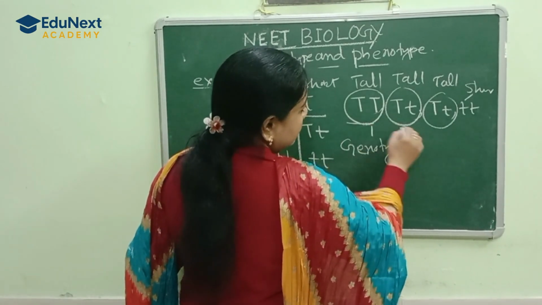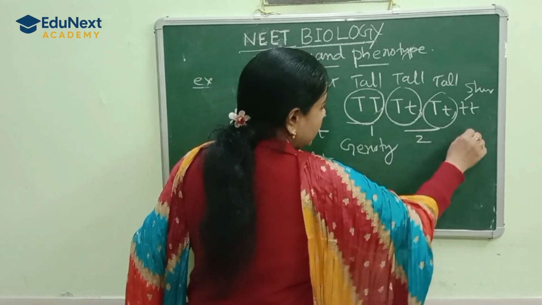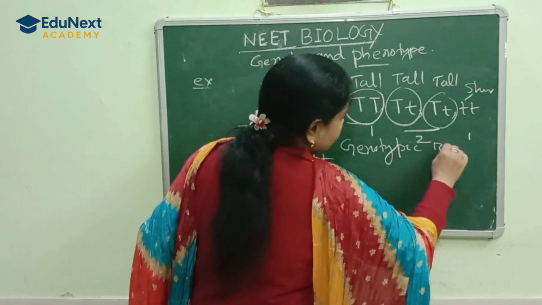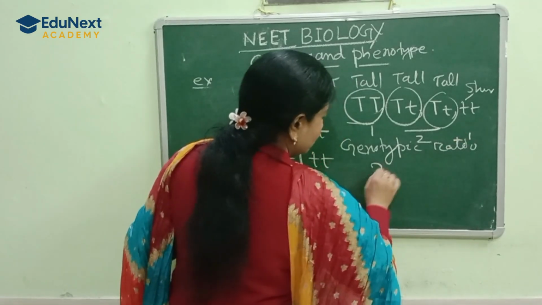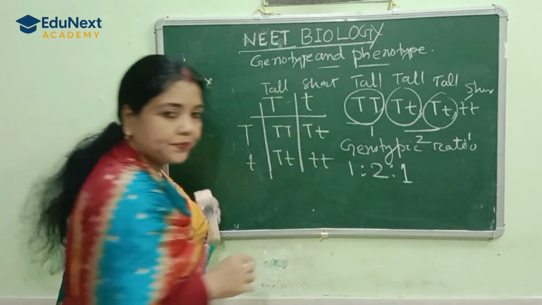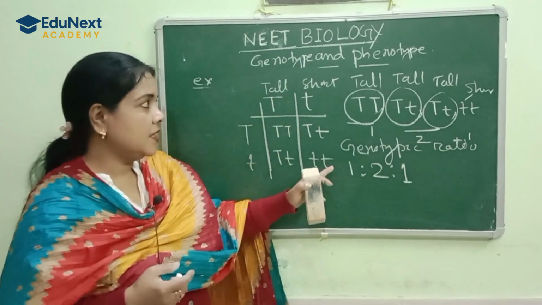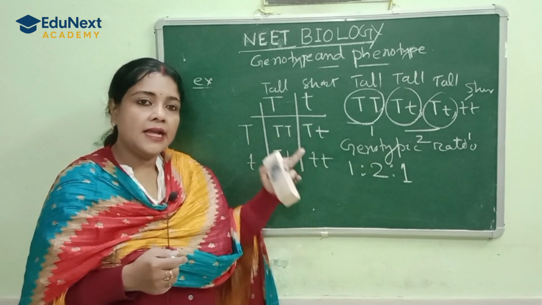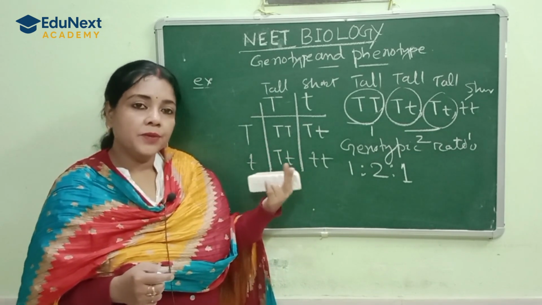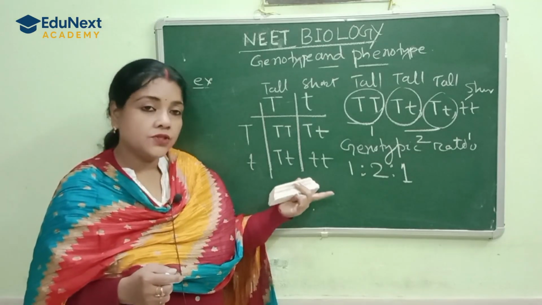This is 1, this is 2, and this is 1. So the genotypic ratio is 1 is to 2 is to 1. This has already been asked in previous years of your NEET examination.